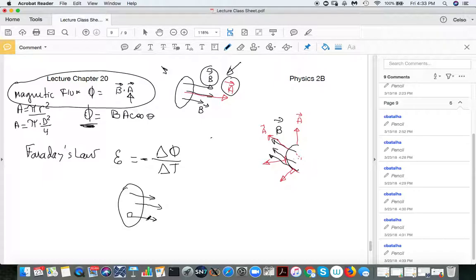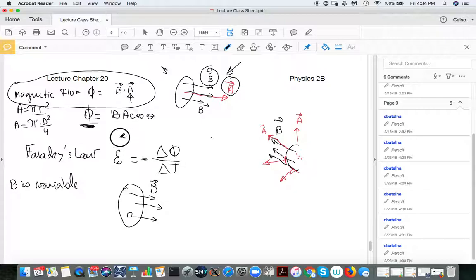It's perpendicular to this loop, okay? So let's assume that. Not only that, let's assume this magnetic field B is variable. So variable means it's not constant, right? So it's changing all the time.